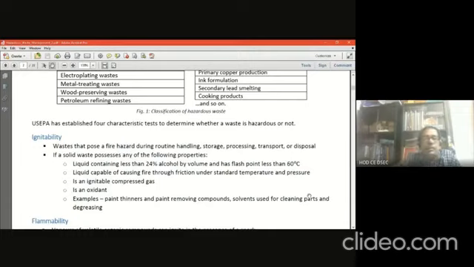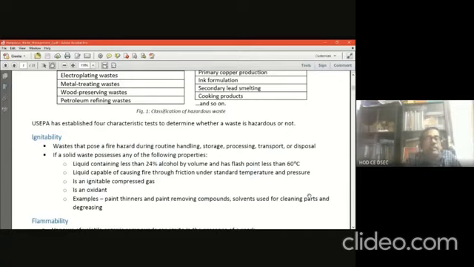If a solid waste possesses any of the following properties, what properties? Less than 24% alcohol by volume and a flash point less than 60 degrees centigrade, then it can be identified as having the ignitability characteristic. Again, a liquid capable of causing fire through friction under standard temperature and pressure will have the characteristic of ignitability.